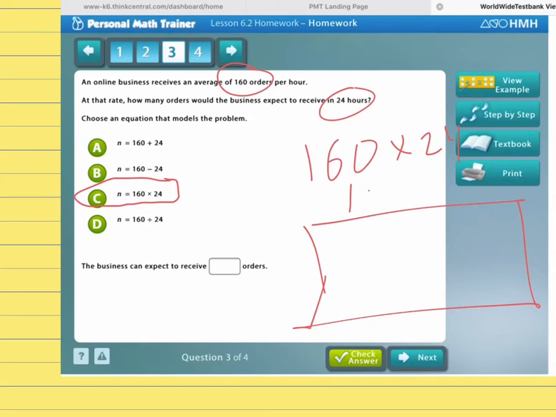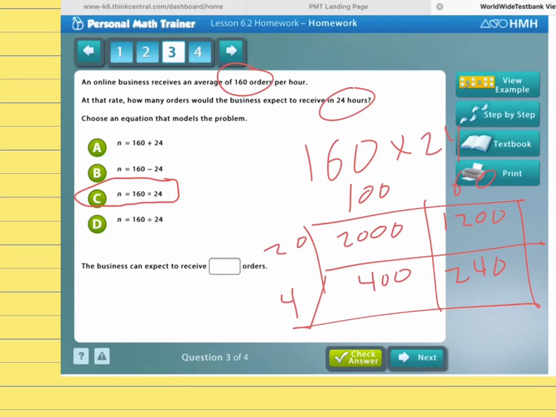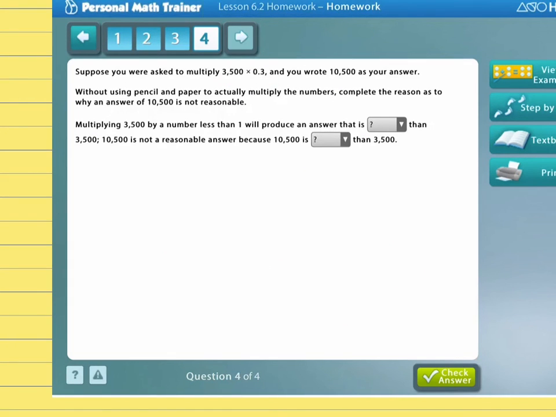I'm going to have 100 here and 60 here. I'm going to distribute that 160 that way, and I'm going to go 20 here and 4 here. This is what it looks like. So I did my place value sections. It ends up with 2,000, 1,200, 400, and 240, and that's going to be a total of 3,840 orders.